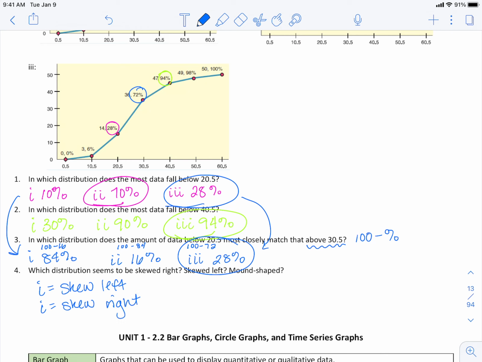Our third graph, if you notice the larger jumps are in the middle, and then we have small increases on the left and the right. So this one is going to be mound shaped. And that is the end of our notes for today.